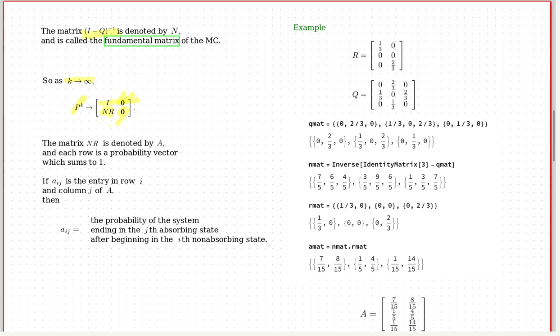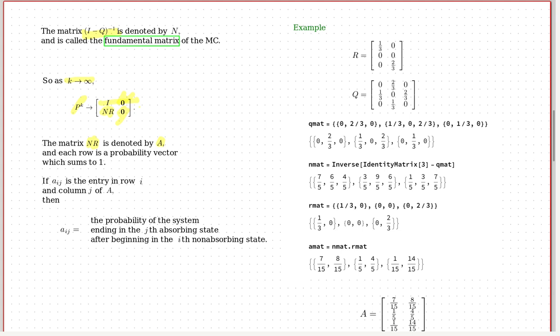Now, this matrix NR is often denoted by A, and this matrix A is actually a probability matrix. That's easy to see because remember P is a probability matrix. All the rows are probability vectors, and all the powers of P are also probability matrices. All the rows are probabilities.